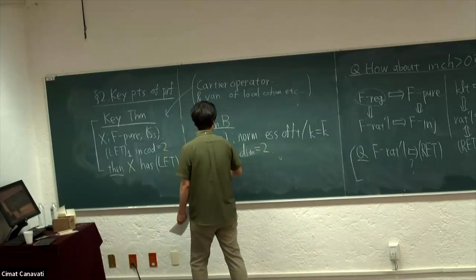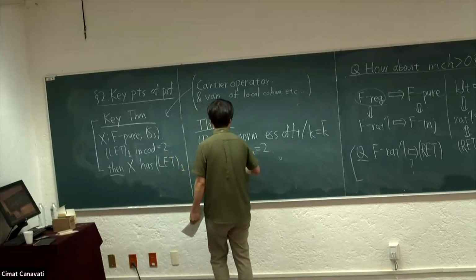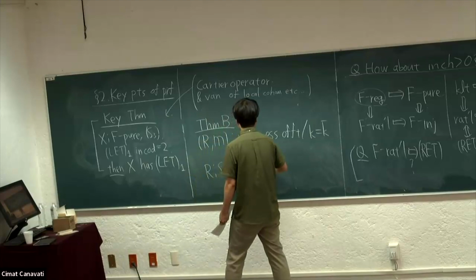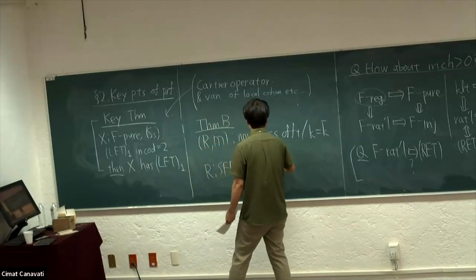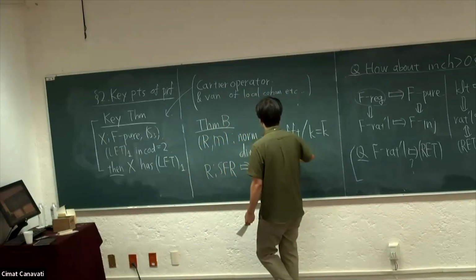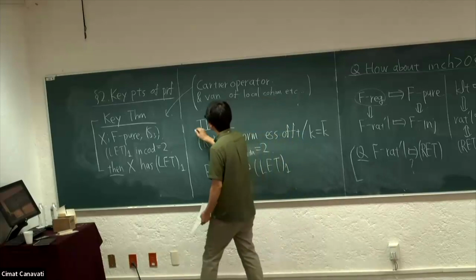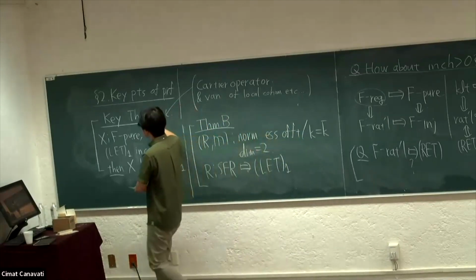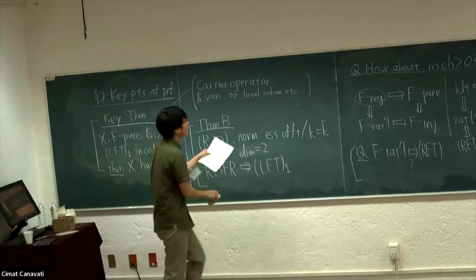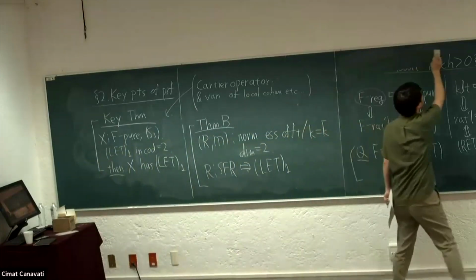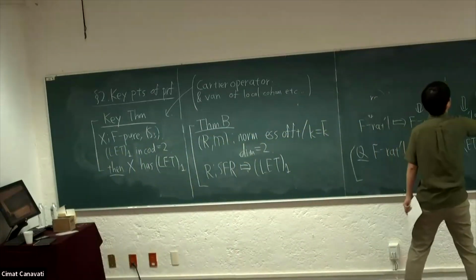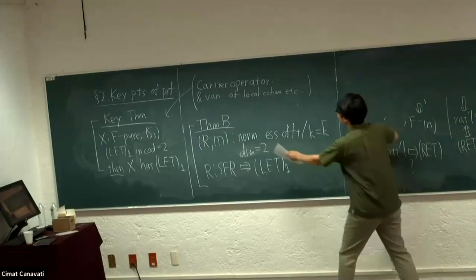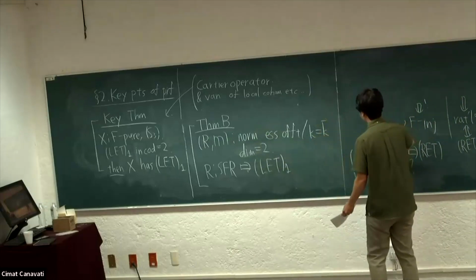And if R is strongly irregular, then it implies R satisfies the logarithmic extension theorem for one-forms. So by using this theorem and the key theorem, we can solve Theorem A. We focus on the proof of Theorem B.